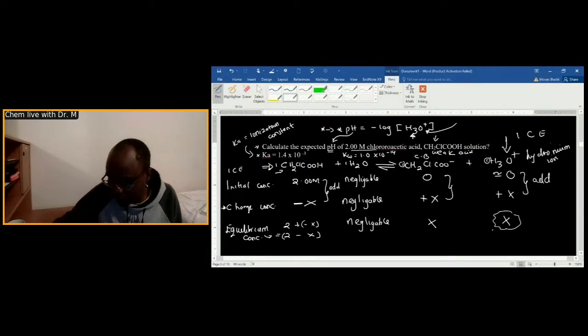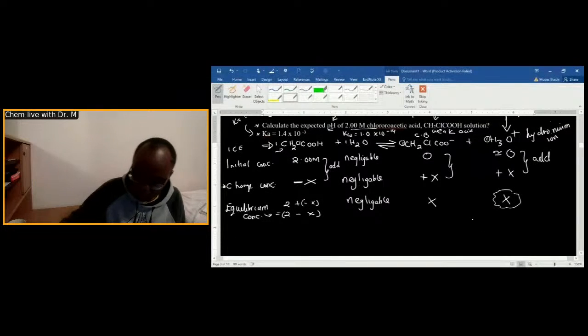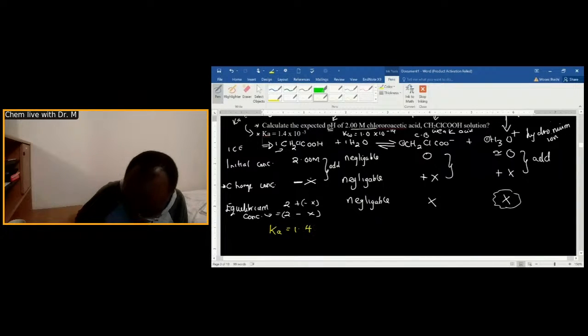To find the X at equilibrium, you will have to take advantage of the given value of Ka. You are given the ionization constant of chloroacetic acid to be 1.4 times 10 to the power minus 3. Okay, it's this value given right here.